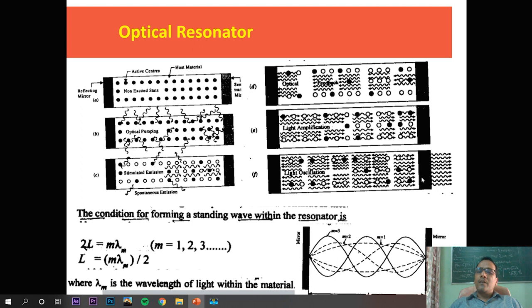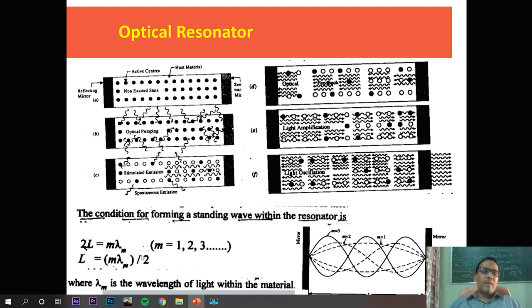Now this partially polished mirror is not able to block those photons, which have been converted into a strong beam that is known as laser. And this is the condition for forming a standing wave within the resonator.